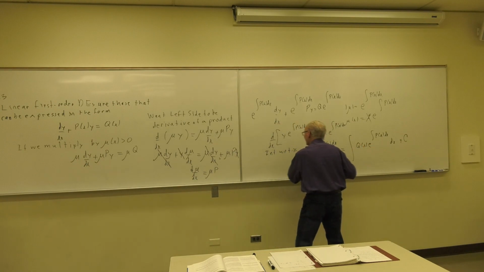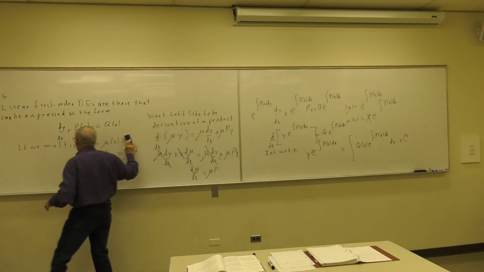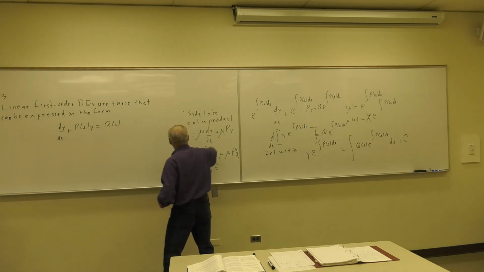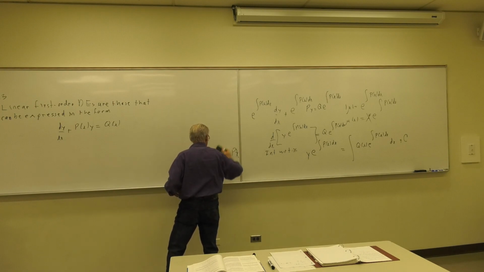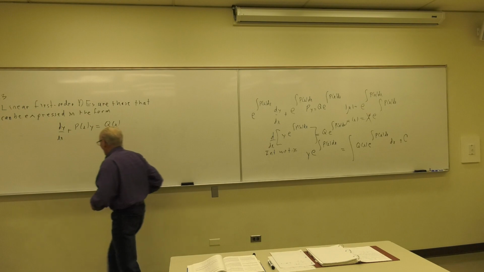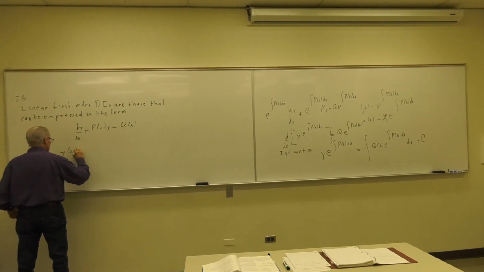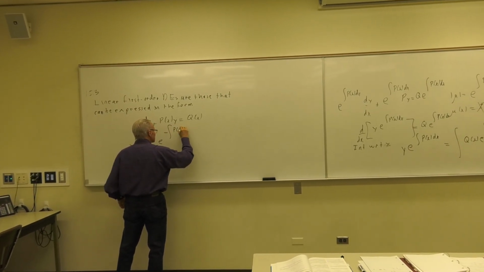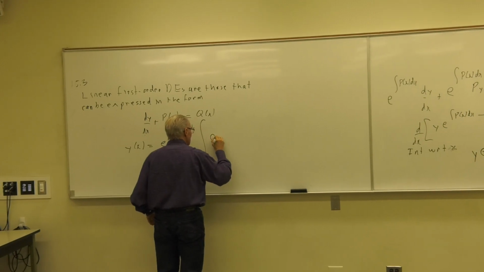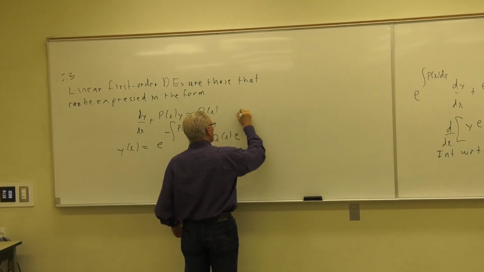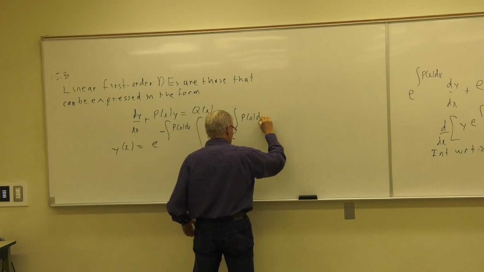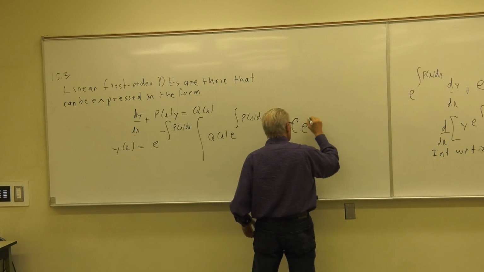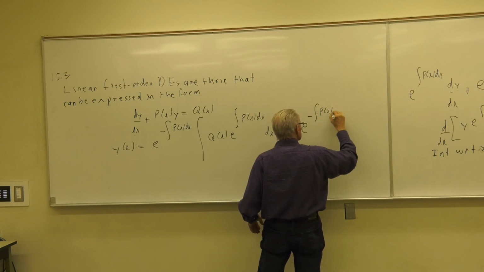We can take this over and say solution is, explicitly, y of x is equal to e to the minus integral p of x dx times the integral of q e to the integral p of x dx, plus c e to the minus integral p of x dx.